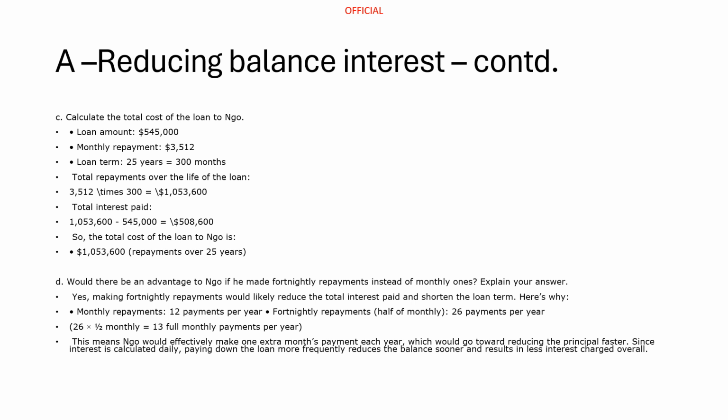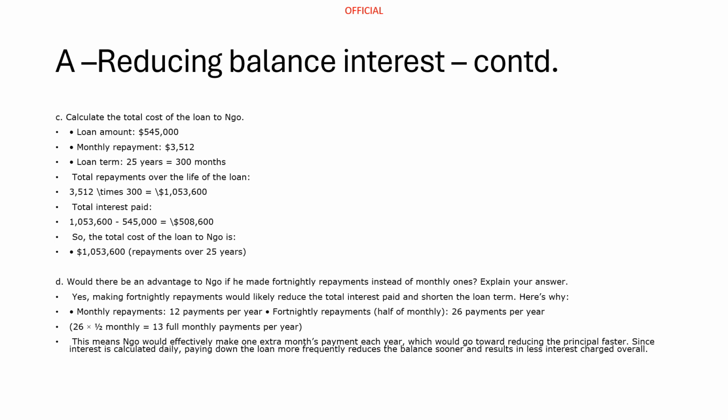Would there be an advantage to N if he made fortnightly repayments instead of monthly ones? Explain your answer. Yes, making fortnightly repayments would likely reduce the total interest paid and shorten the loan term. Here's why. With monthly repayments, there are only 12 payments per year.